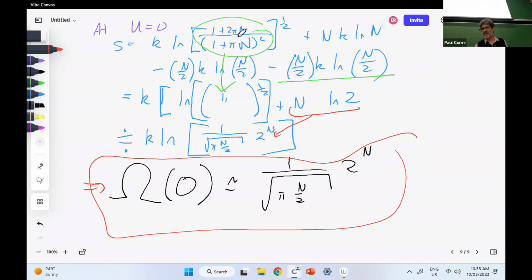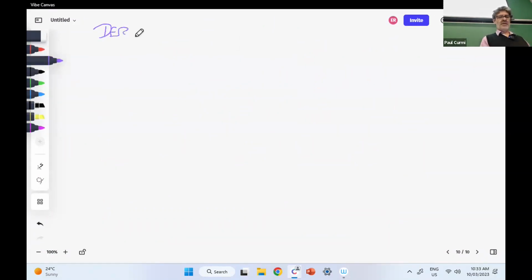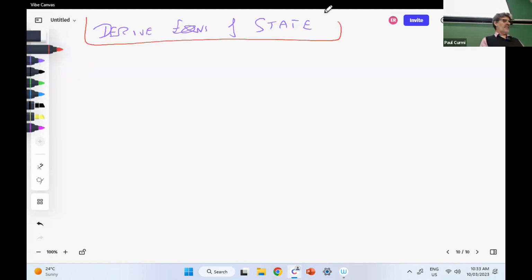Okay, so now I want the equations of state. It's the same old game.